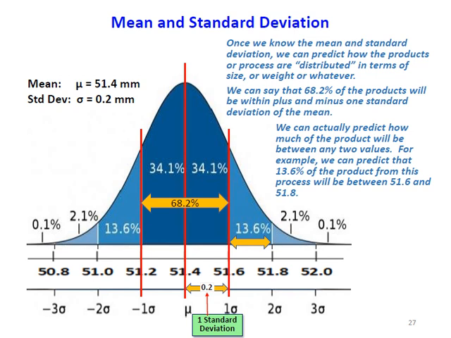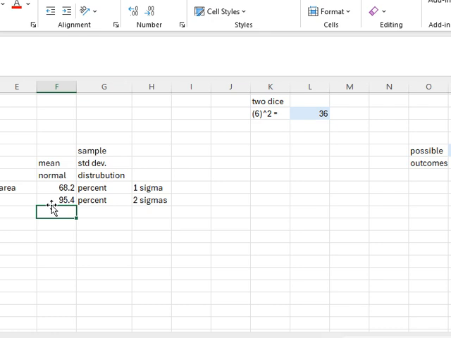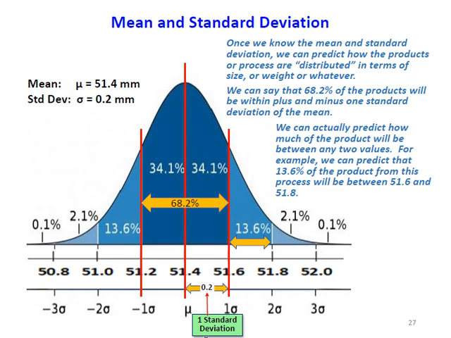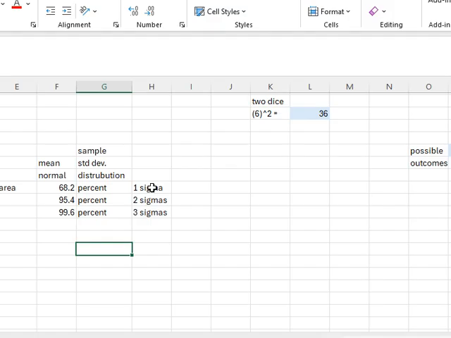So another 2.1%. So all you have to do is add this, and then plus 2.1% 2 times. So for 3 sigmas, you're going to get 99.6% of the parts in there. Yeah. So that's how we calculate the sigma, the standard deviation.